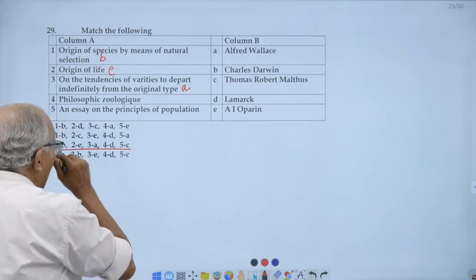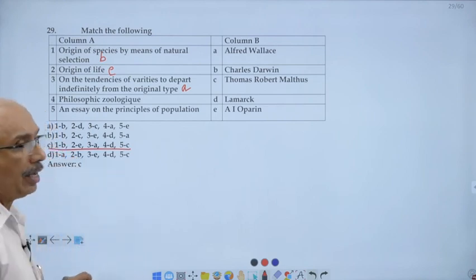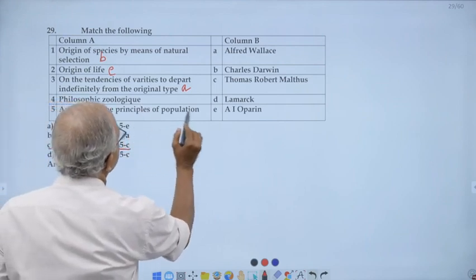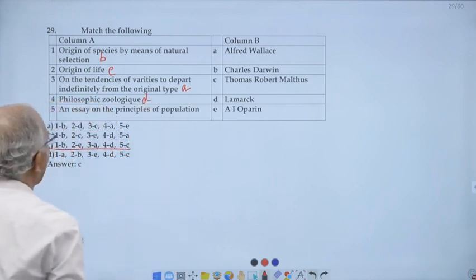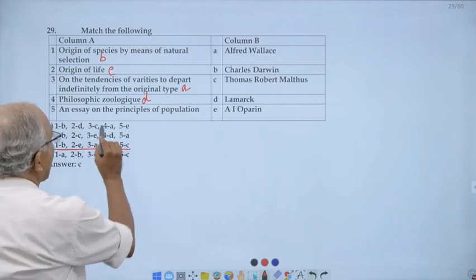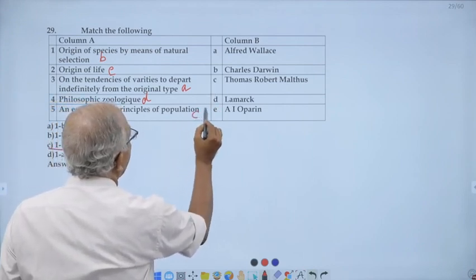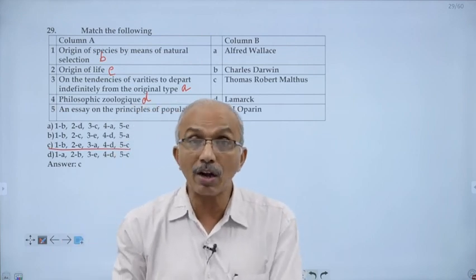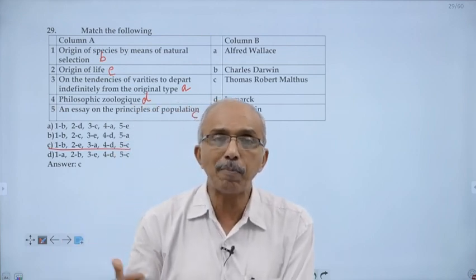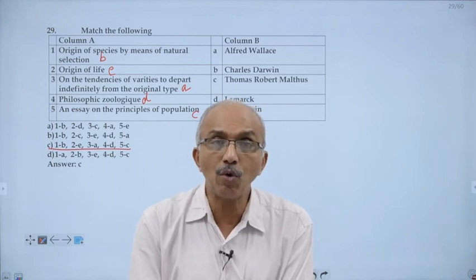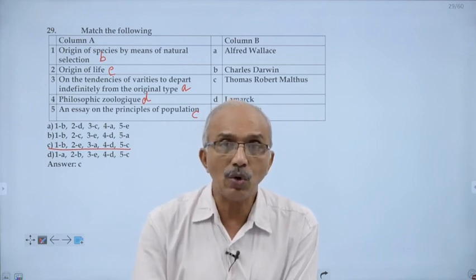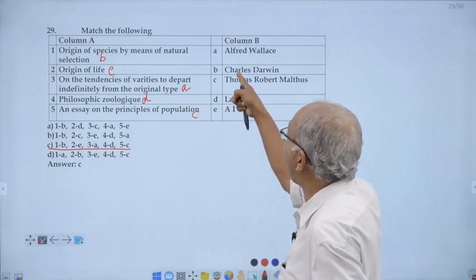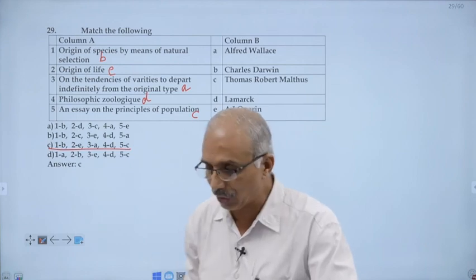He was working in the Malay Archipelago, present Indonesia. Then, Philosophie Zoologique, written by Lamarck. An Essay on the Principle of Population, by Thomas Robert Malthus, an Anglican priest and British economist. This essay influenced Darwin to formulate his theory of natural selection.